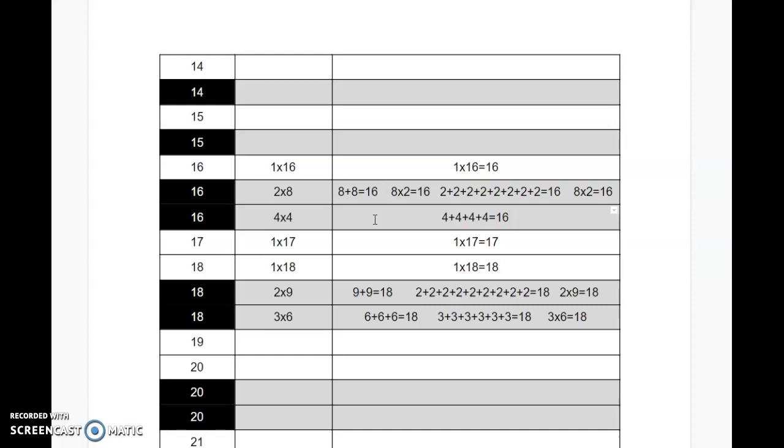But we don't need to write that equation again because it would look the same. But we could write how many times we saw our rows of 4. Well, we saw those rows of 4 4 times to equal 16.